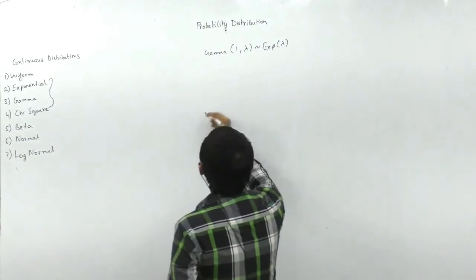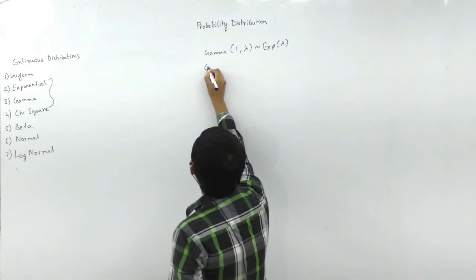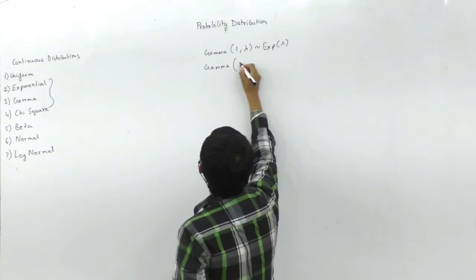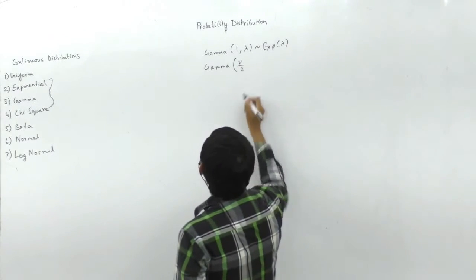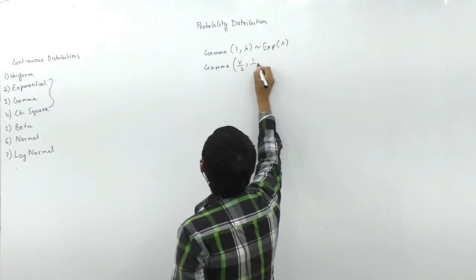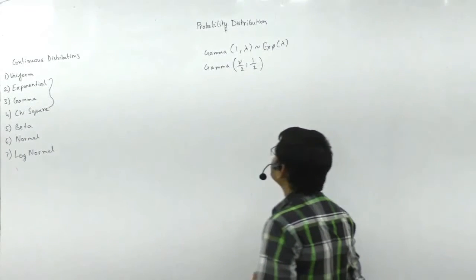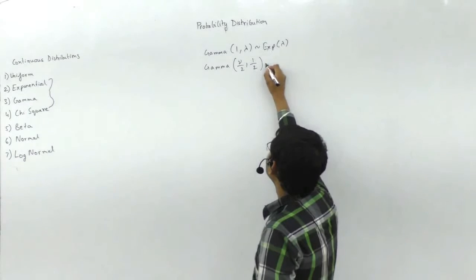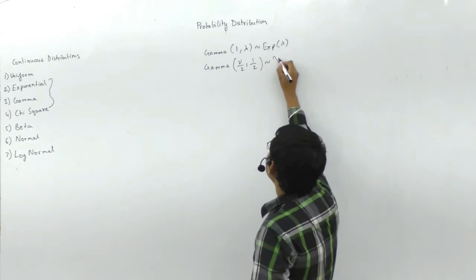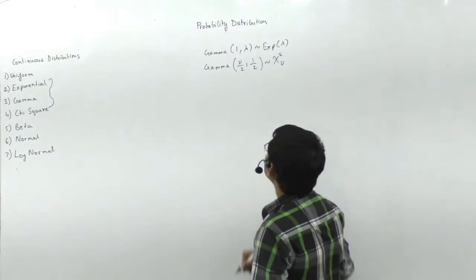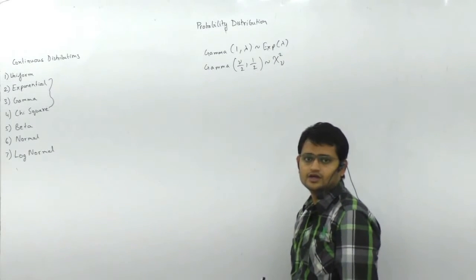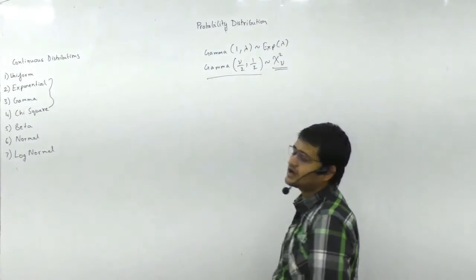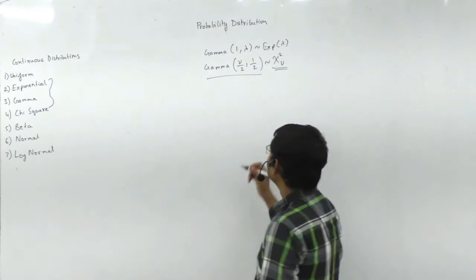And we also say that a gamma distribution with nu by 2 comma 1 by 2 will follow chi-square distribution nu. So again, chi-square is nothing but a special kind of gamma distribution. And how do we convert it?